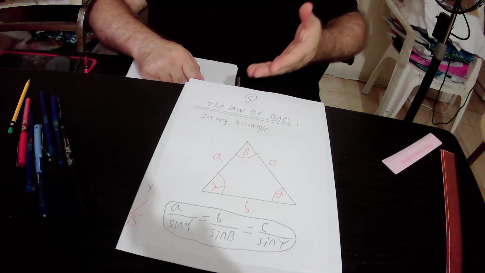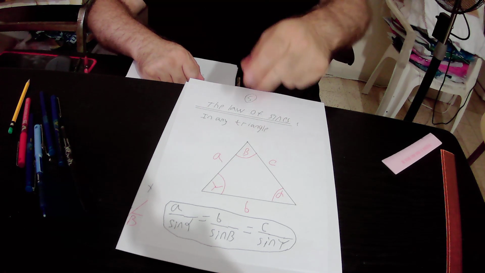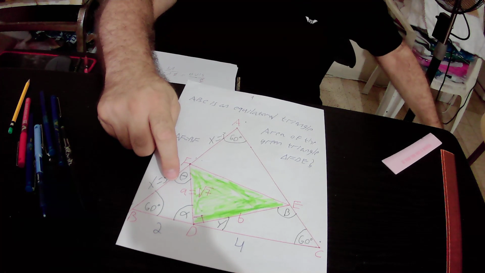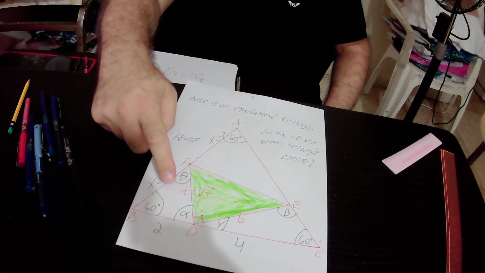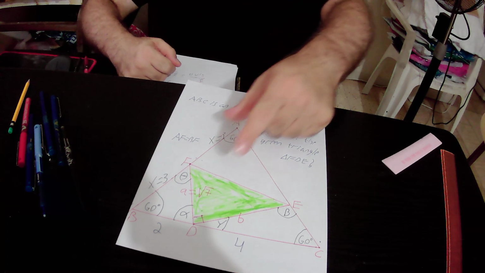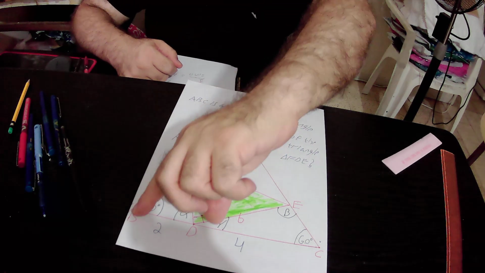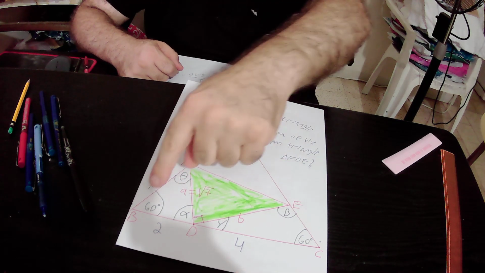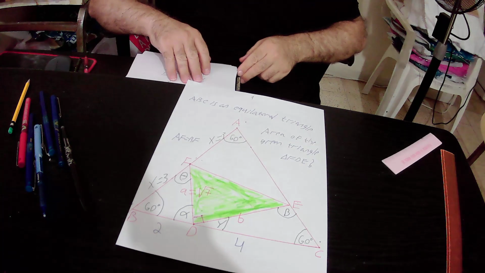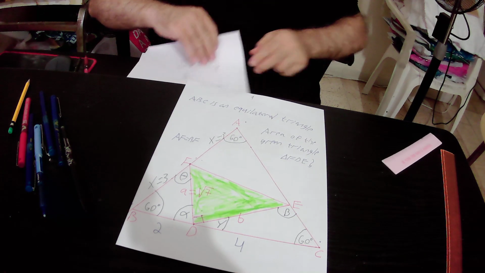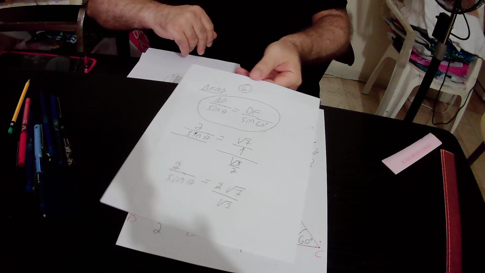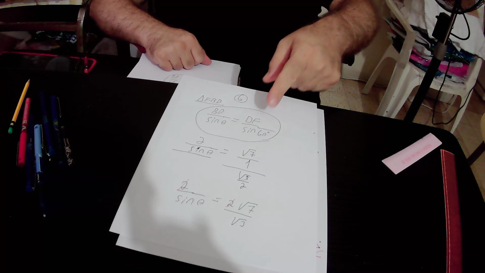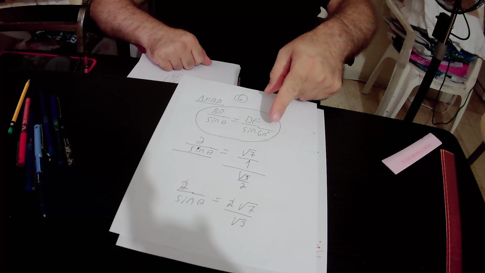Okay, so we implemented the law of sines in triangle FBD. So in triangle FBD, BD over sine theta equals DF over sine 60 degrees, according to the law of sines.